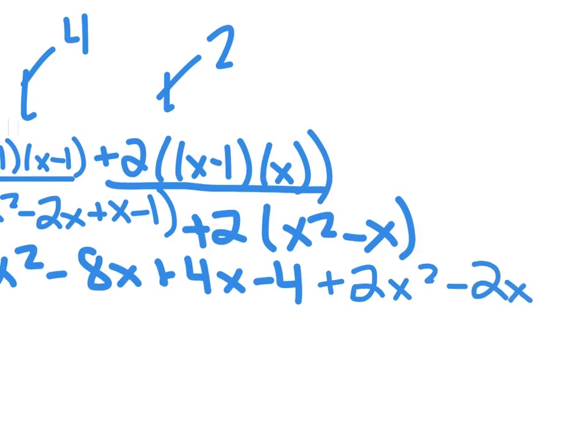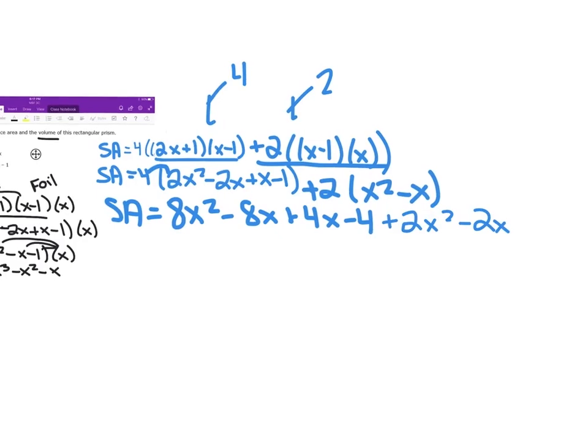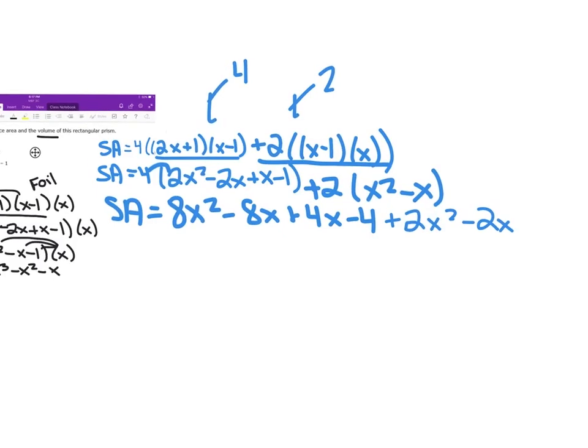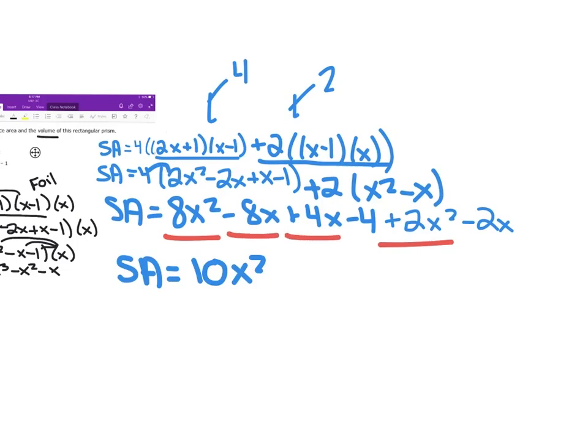Now comes the easy part. I'm just looking at the like terms. So let's break this down. We have 8x squared and positive 2x squared. So we can combine those to give you a total of 10x squared. The next one would be negative 8x, positive 4x, negative 2x.